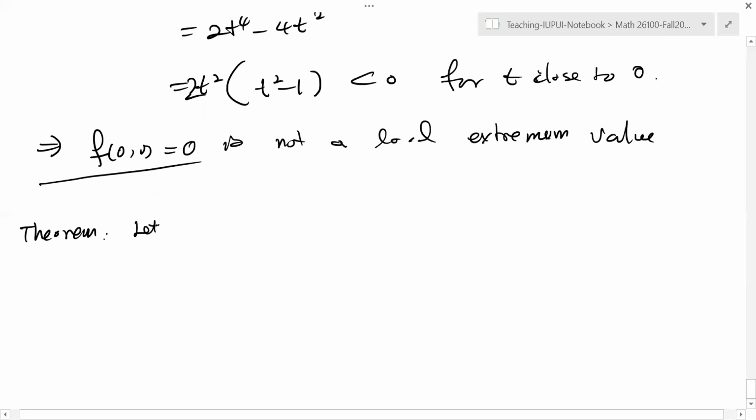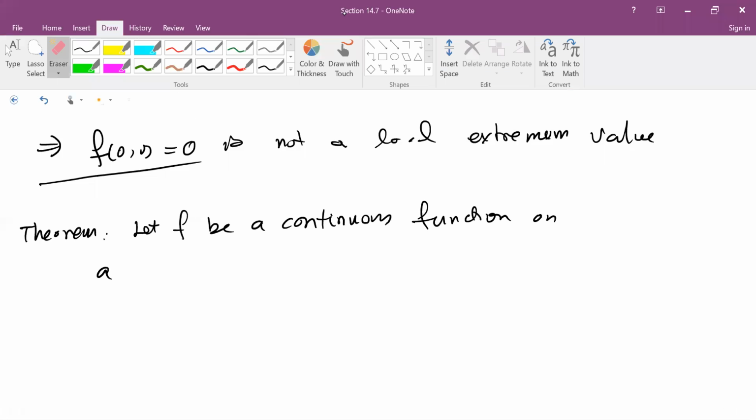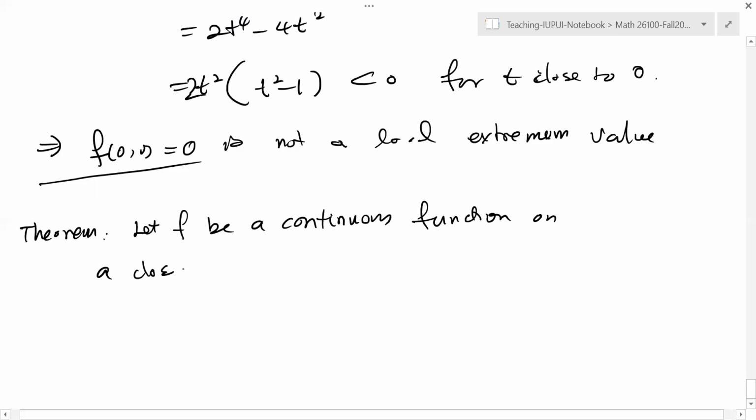Okay, let f be a continuous function on a closed bounded domain, which means including the boundary, in R2.